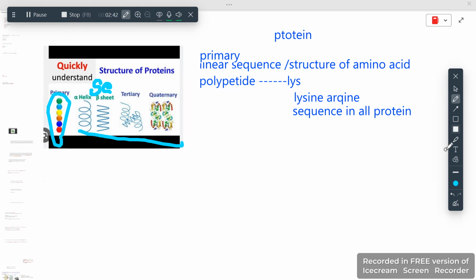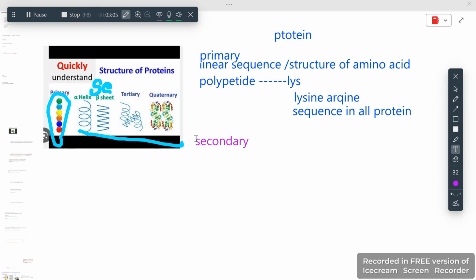Now let's discuss secondary. Let me change color now. Secondary has a structure of two types. In the picture you can see alpha helix and the beta sheet.